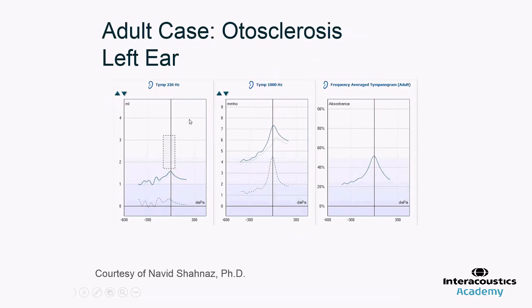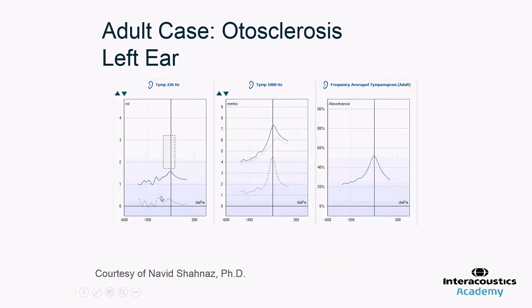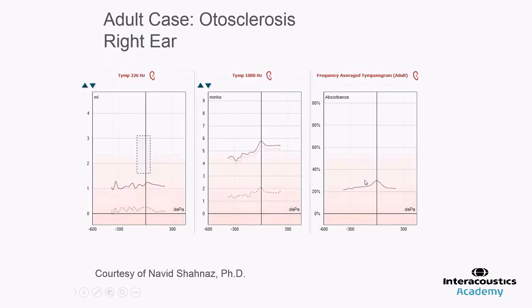When we look at the individual tympanograms, in the more normal left ear, you see a peak in the 226 and 1000 hertz tympanogram, as well as the frequency average tympanogram. But when we look at the individual recordings for the right ear, we have much lower admittance, both at 226 and at 1000 hertz. And then the frequency average tympanogram really shows that notable difference in this ear with otosclerosis.